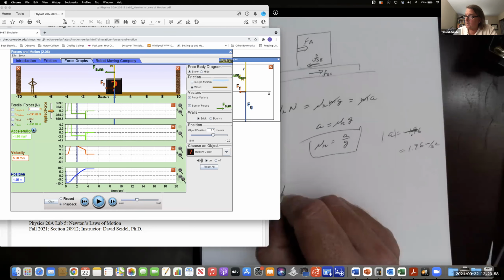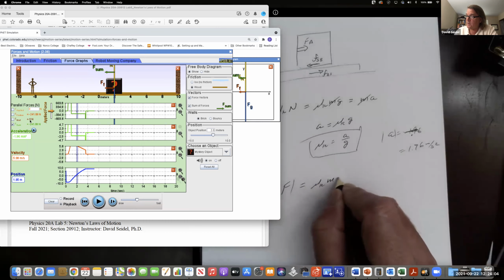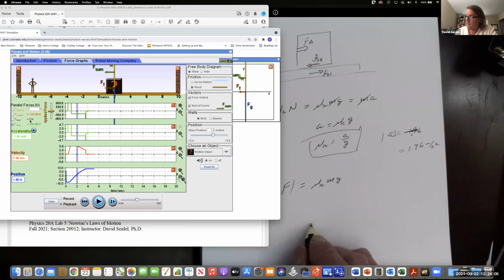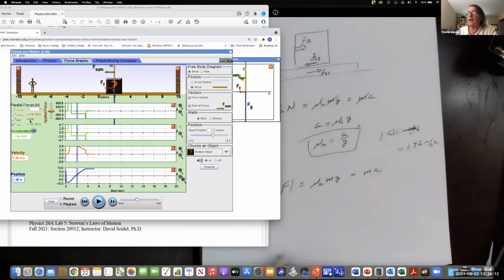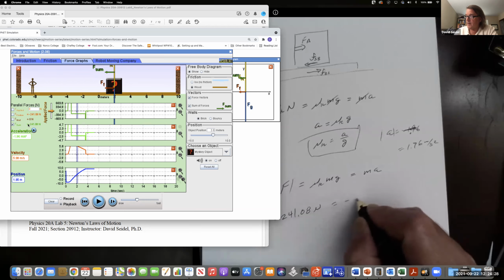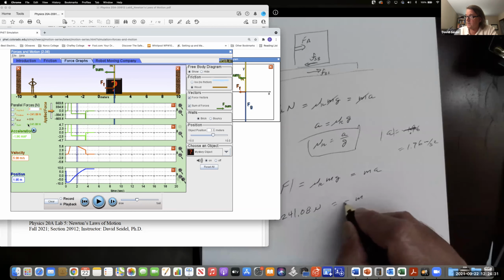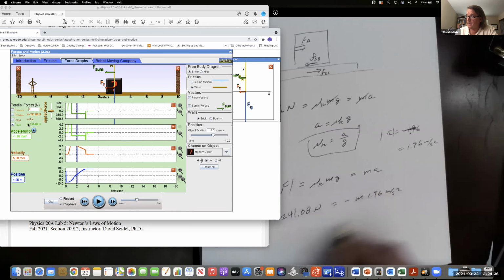I also know that my magnitude of F is equal to mu sub K mg, or it's equal to m times A, either one. I've got my force, which is my force of friction, of 241.08 newtons, with a minus sign, and that's equal to minus m times 1.96 meters per second squared.